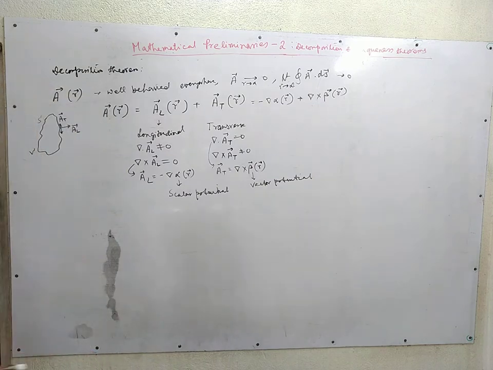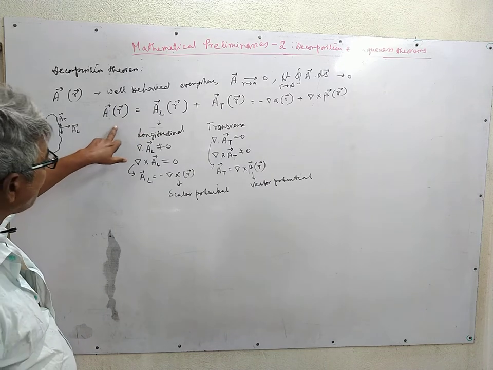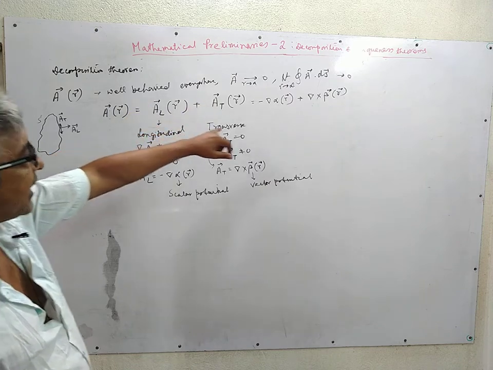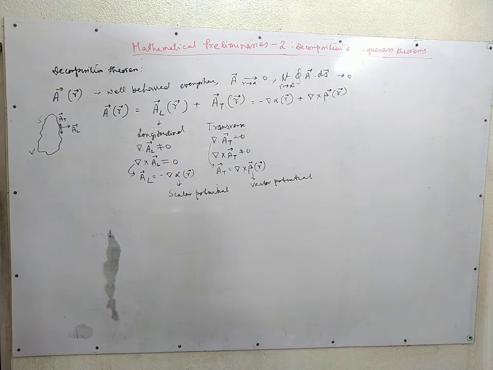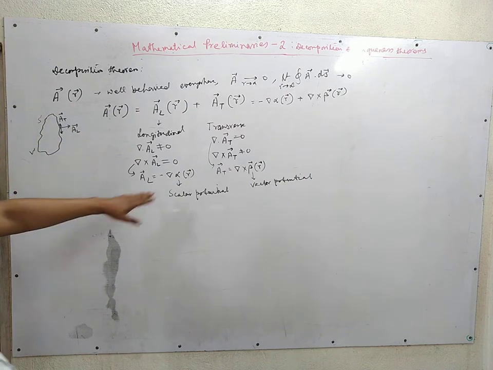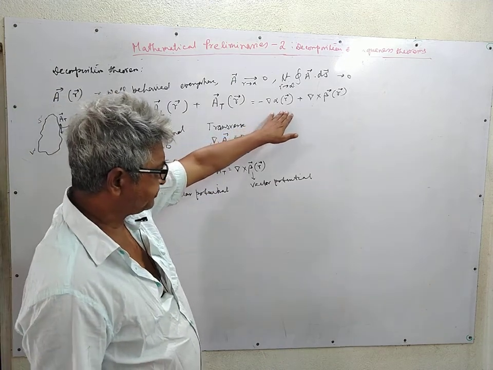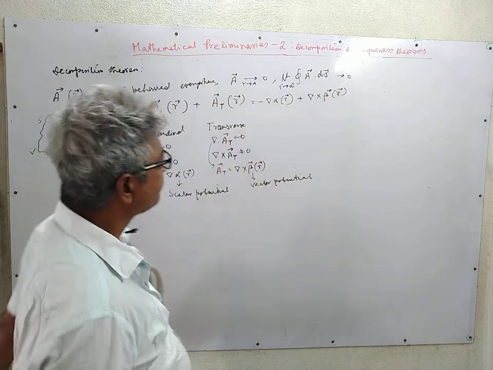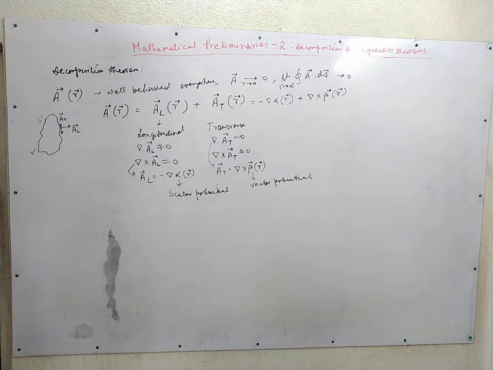So as per the decomposition theorem, we can write any vector A into its longitudinal and transverse components. The longitudinal part can be written in terms of the scalar potential, which is related to the divergence of A, that is, it signifies the source term, and this gives you the vortex term. Our aim is to find alpha and beta in terms of A.